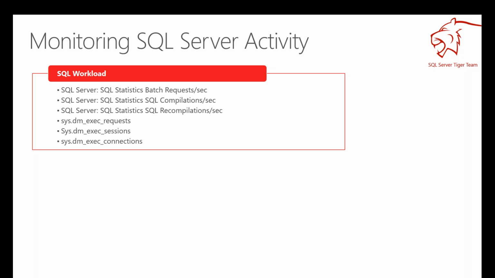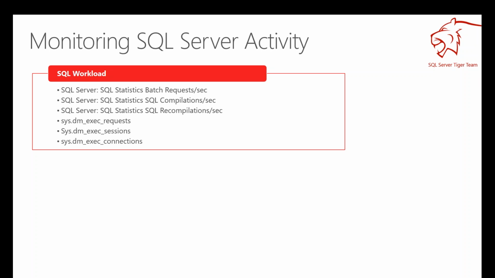Out of the batch requests which are submitted, how many will go for compilation and how many will go for recompilation? Compilation tells you that you have more of an ad hoc workload which is not parameterized, more ad hoc SQL queries, that's what the application is firing.